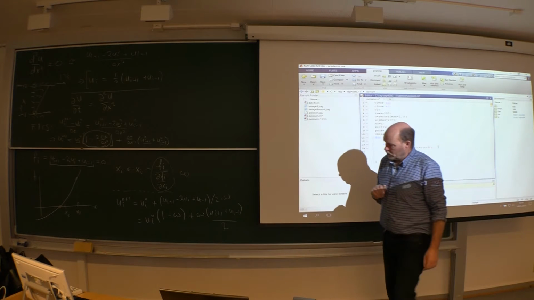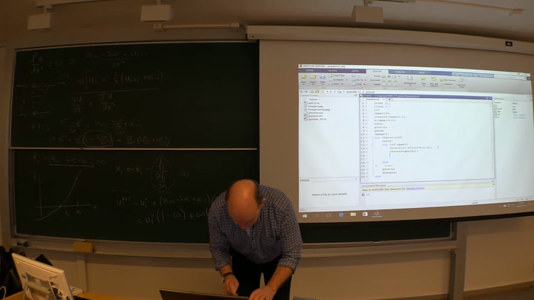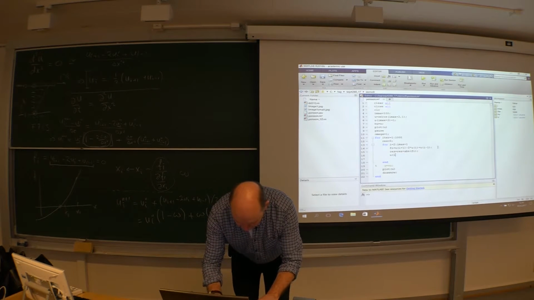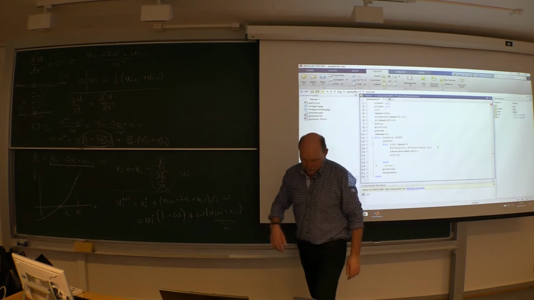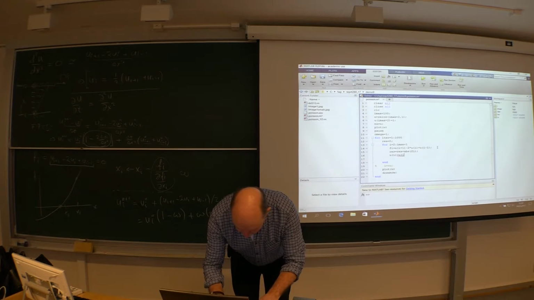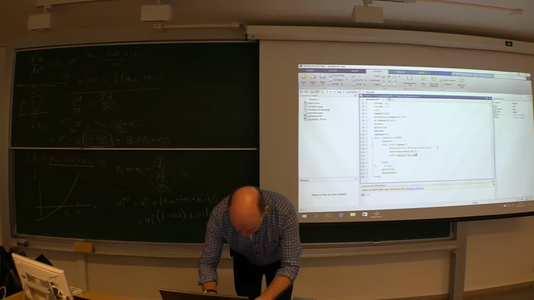Okay, now back to the recipe. Then we write it on the form u of i equals, and then we had the old one, u of i, which should be multiplied with 1 minus omega.